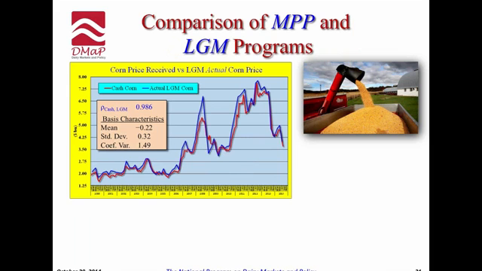Here, now we have the cash being less than the actual LGM corn. So we have a negative basis with respect to the cash corn and the corn futures markets valuation.